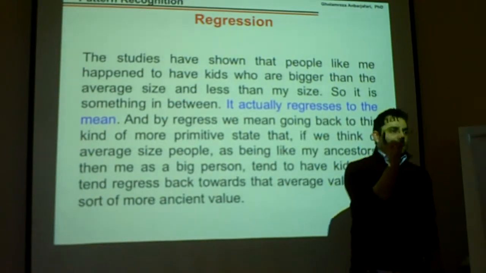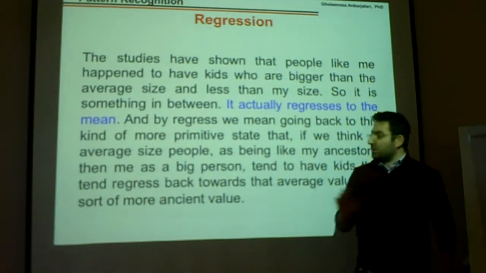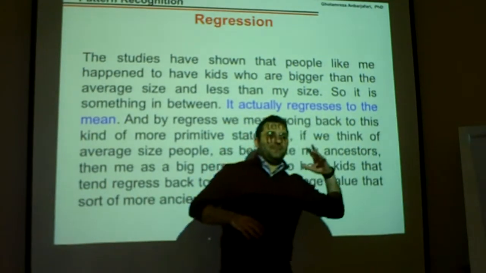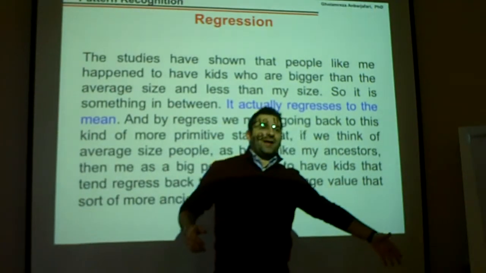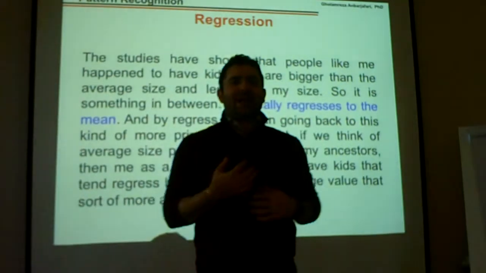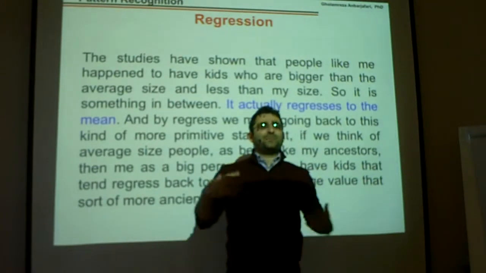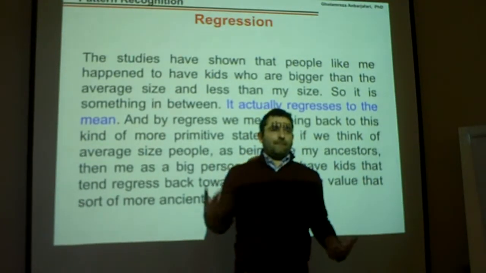Practically, the middle answer is the correct answer. In other words, my kid will be something between me and an average person. Because from a data point of view, I, as a big size, am actually noise.